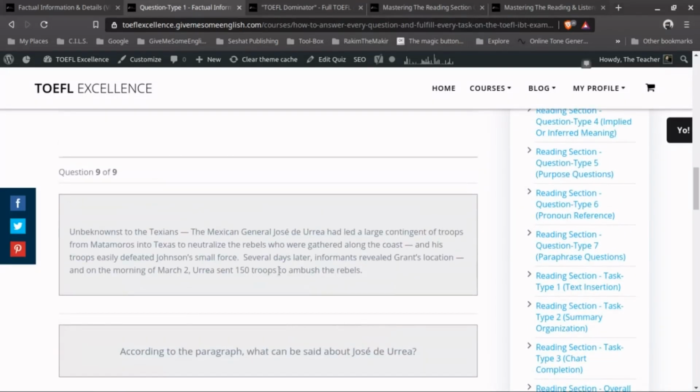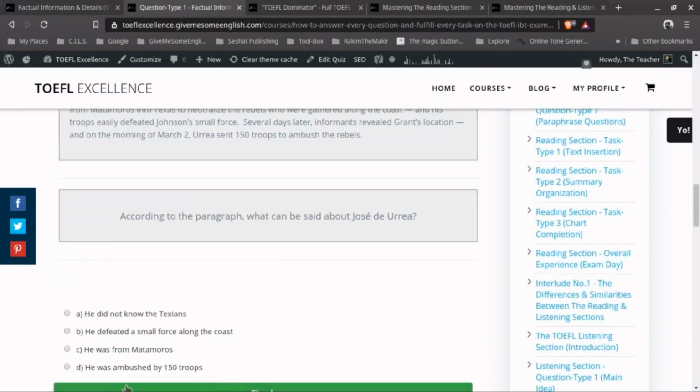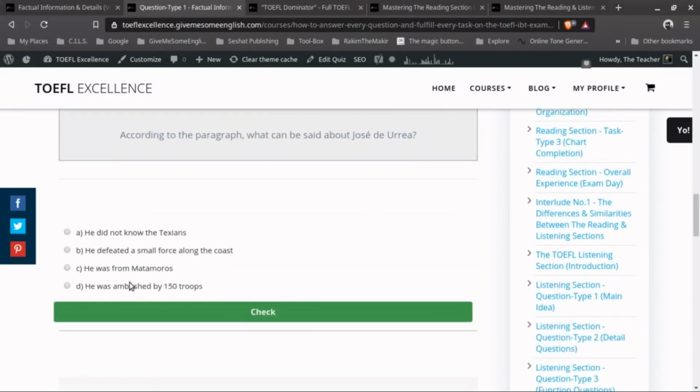Ooh, number. Where's the number? There it is. So going back to the beginning of the sentence, informants revealed Grant's location on the morning of March 2nd. Uriah sent 150 troops. Okay, so if he sent the troops, he couldn't have been ambushed by them. So we know that's not the answer. That's probably not the answer. Then this must be the best answer.